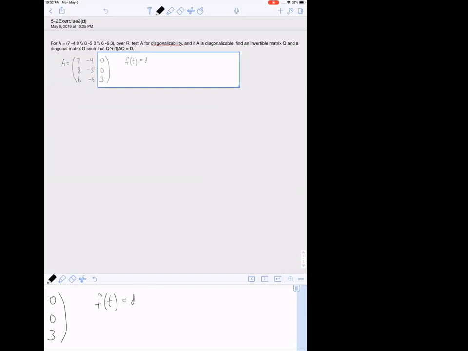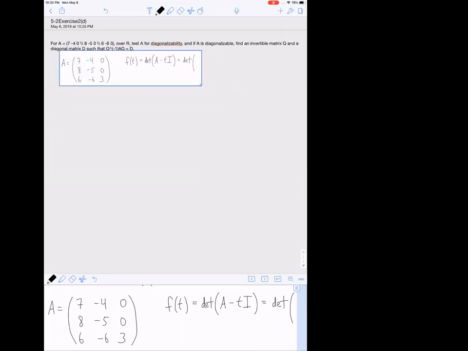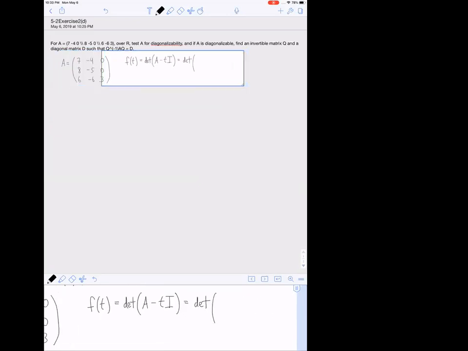That will be the determinant of the matrix A minus T times the identity, in this case, the 3 by 3 identity. So let's write down what that matrix is. A minus T times the identity only affects the diagonal entries. So we'll get a 7 minus T, but then a minus 4 and a 0 unchanged.